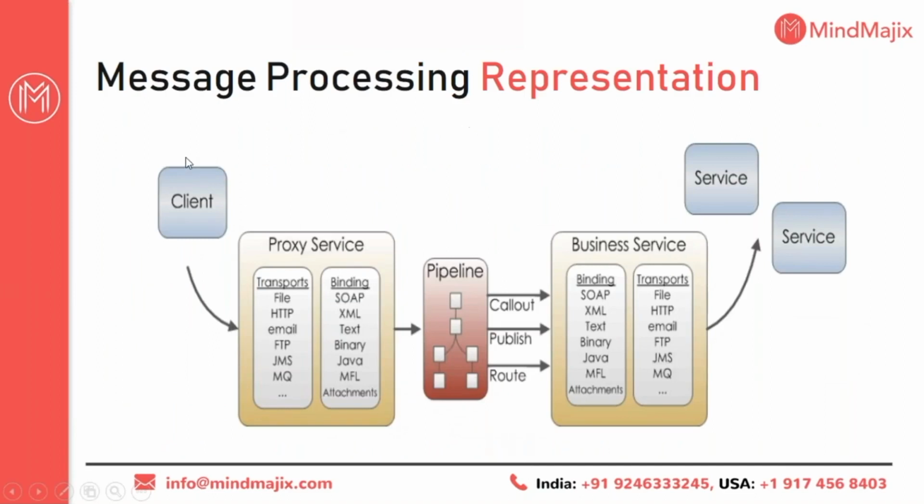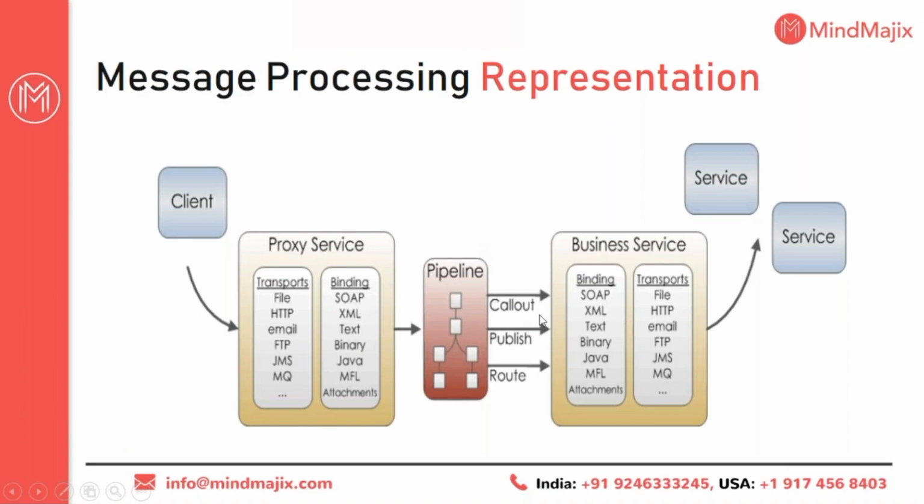I have the representation of the theory in diagrammatic format, of what we have just gone through. A client is going to send a request. It will use a transport protocol, which is of HTTP type, file type, email, FTP, JMS queue, which in turn hands off the message with that particular protocol to this layer, where it will be packing and unpacking the messages and passing them on to the pipeline.